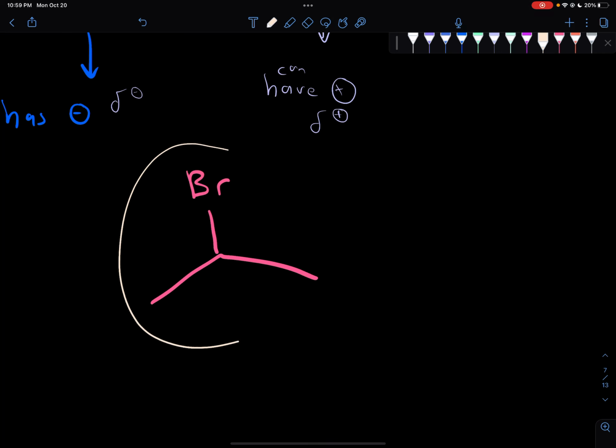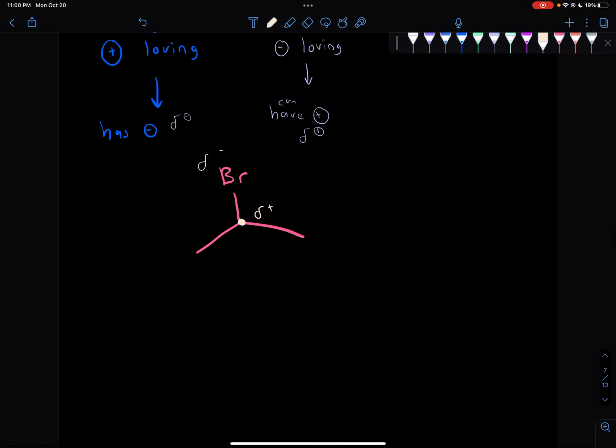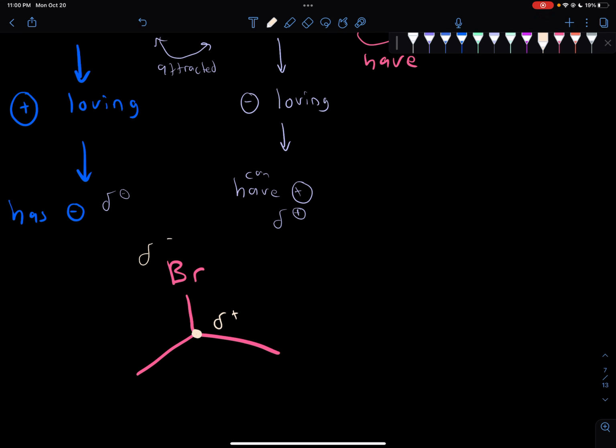As a whole, this thing is an electrophile, but the actual electrophilic atom is this one right here. It's partial positive, and your bromine is partial negative. So an electrophile should have a leaving group. That's how you can identify them.